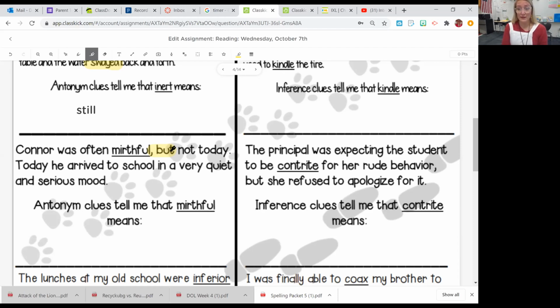So normally, if he's not quiet and serious, the opposite of quiet and serious would probably be happy or excited or jovial. So the antonym, quiet and serious, tells me that mirthful means happy or jovial. Jovial means extra happy or cheerful.